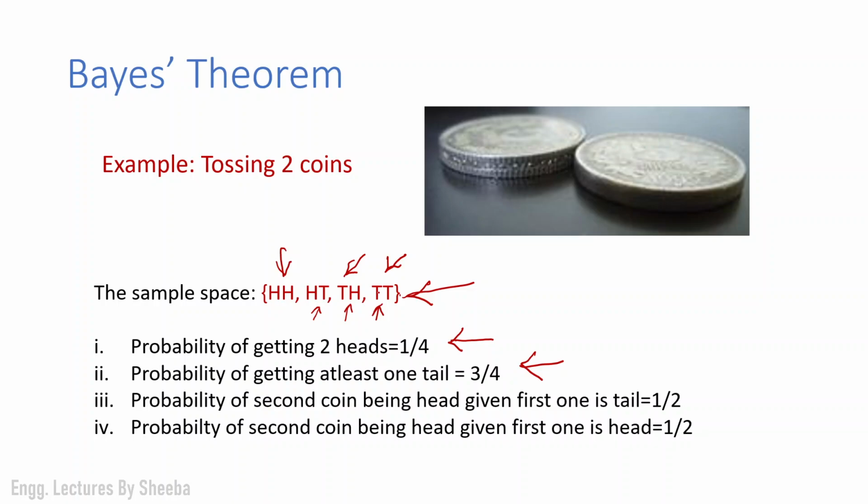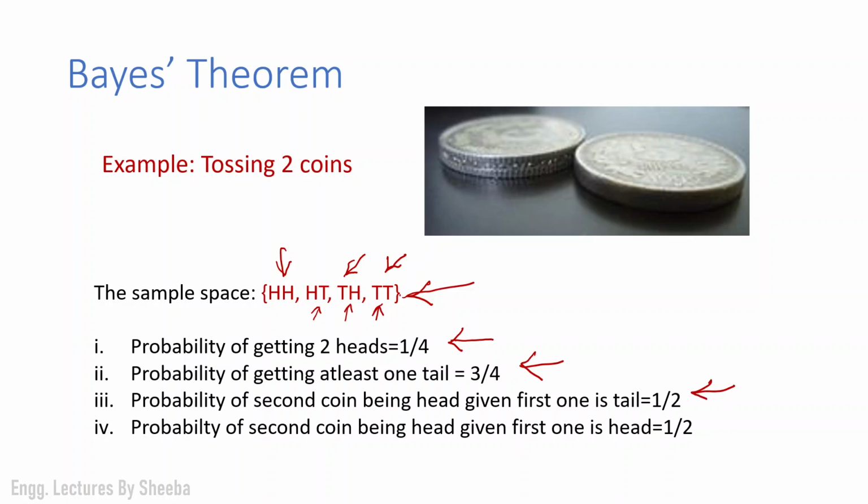So there are 2 events with the first coin giving tail. We are supposed to find the probability of the second coin being head. Out of these 2 events, only one has the second one head. So out of 2, only 1. You are getting 1 by 2.